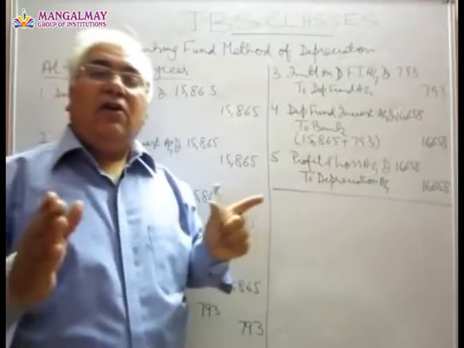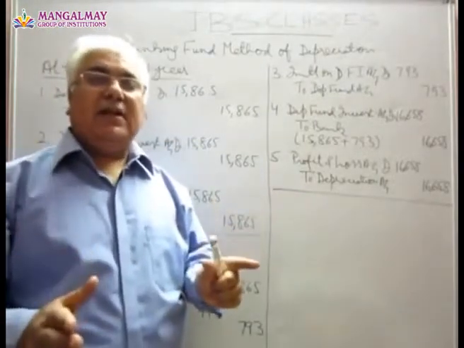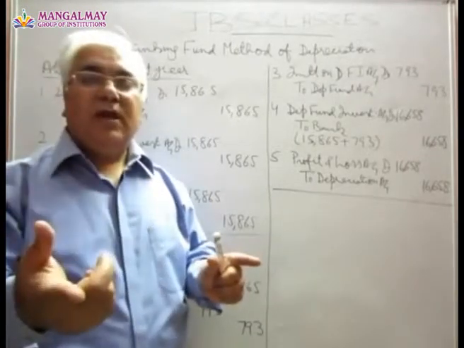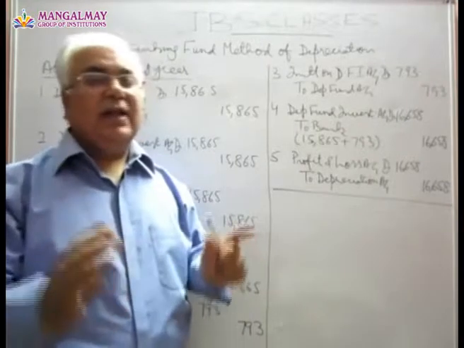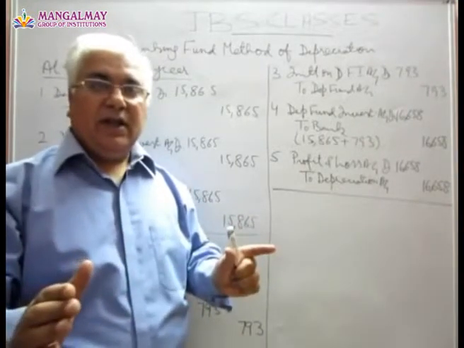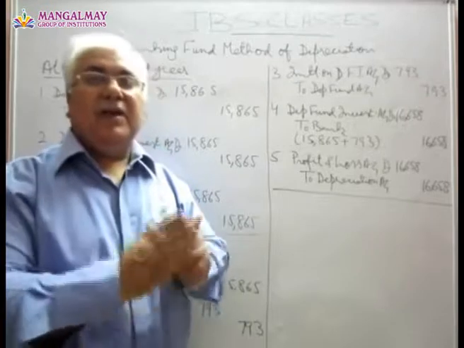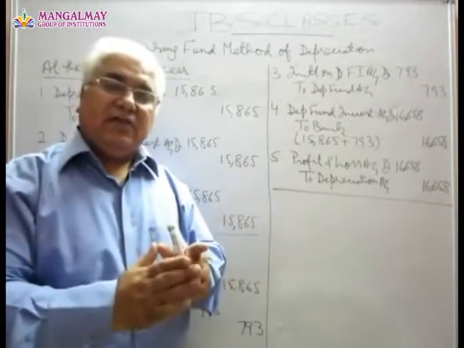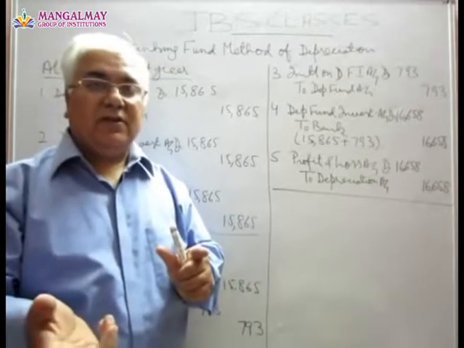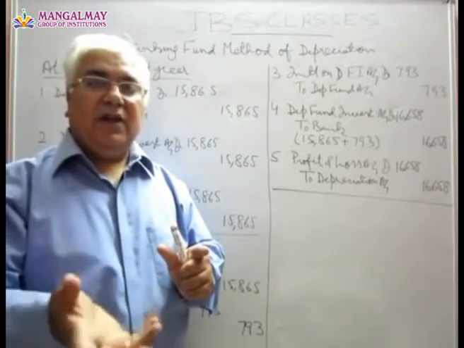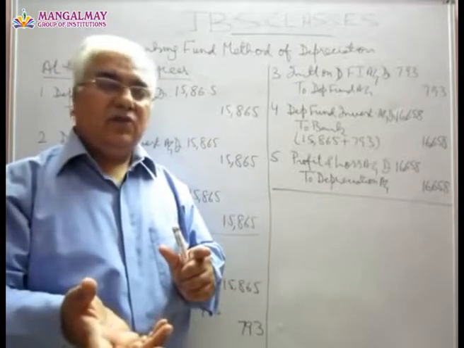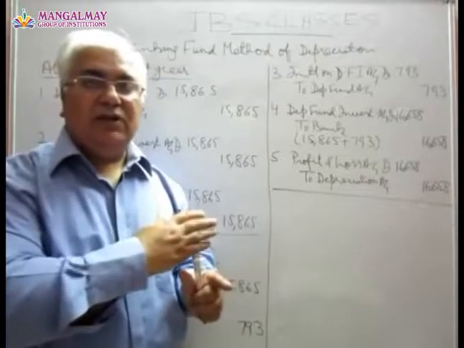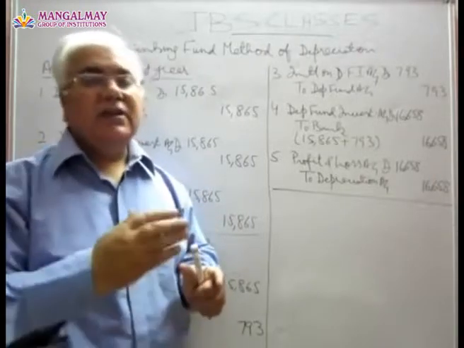Then all the amount we have collected in the depreciation fund account will be credited to the asset account, and then the asset will be sold, and the profit or loss, whatever is at the debit or credit of the asset account, will be shifted to profit and loss account. And at that time we will have enough money with us to buy the new asset. Now I will explain all those entries which we will make at the end of third year.